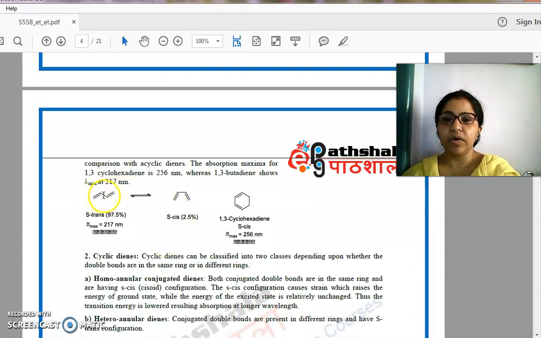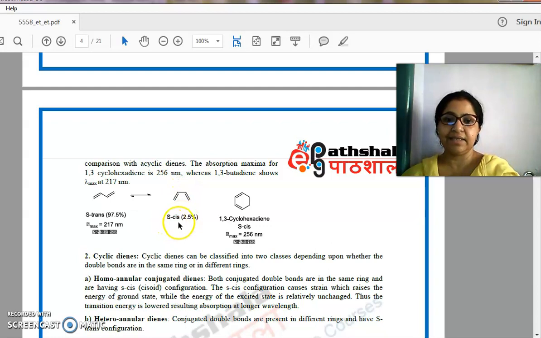This is the single bond. In reference to this single bond, these two double bonds are trans to each other. S means single, and trans means the double bonds attached to this single bond are opposite to one another. And this is S-cis. This is a single bond, and these two double bonds are on the same side.